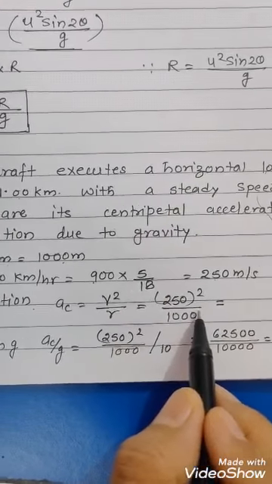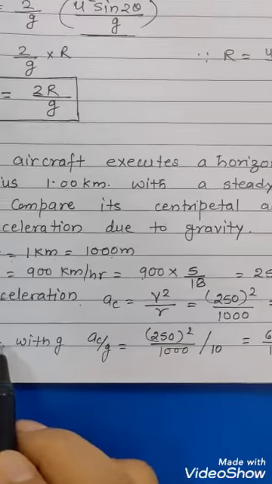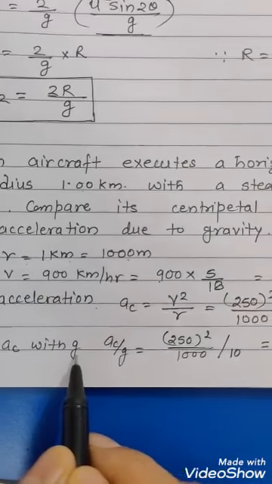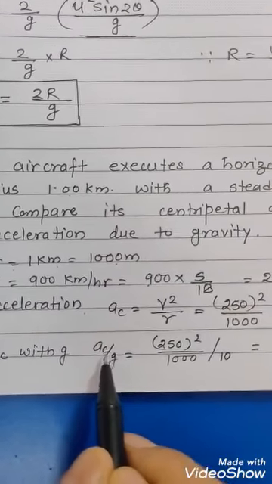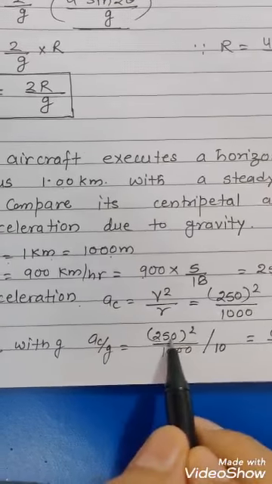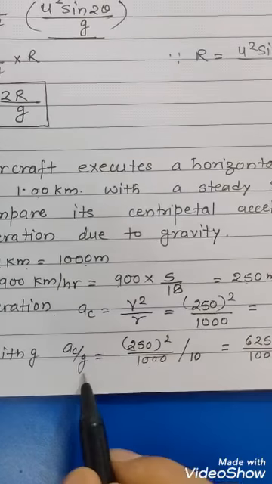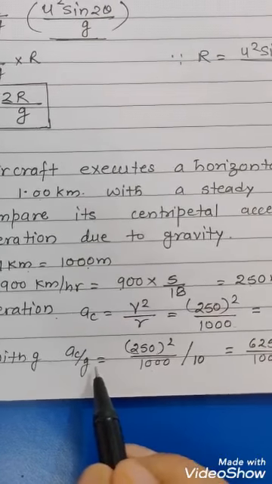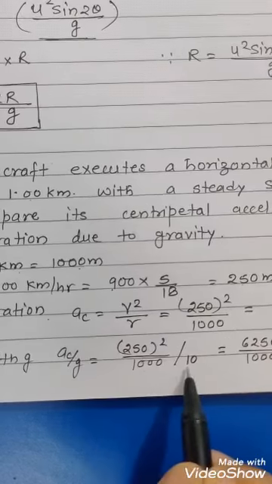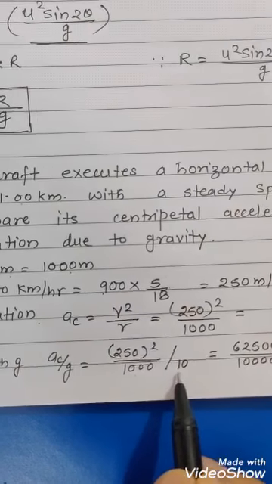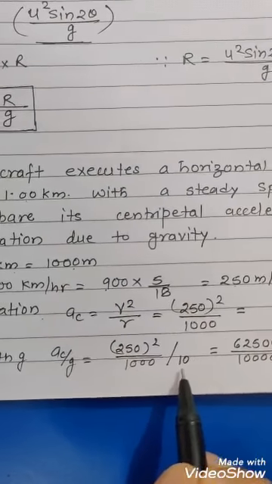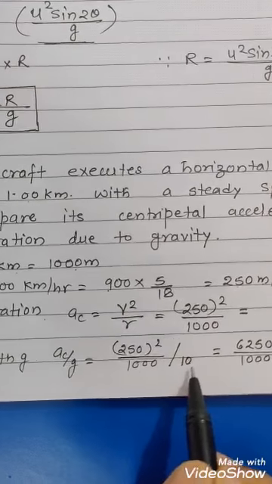Now if we compare this acceleration with the acceleration due to gravity, we'll see that a_c upon g, a_c is 250 the whole square upon 1000, and g, for simplification, I have taken here 10 meter per second square. We can take it 9.8 meter per second square, then also no problem.